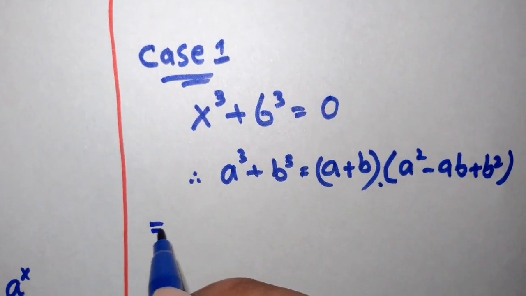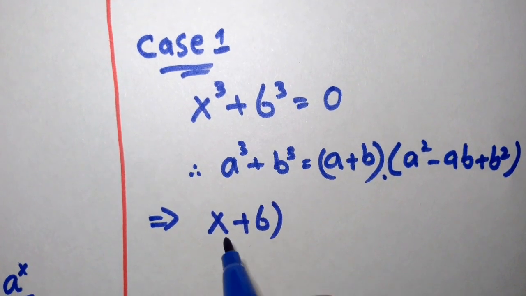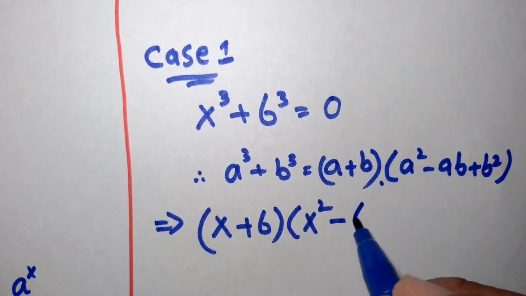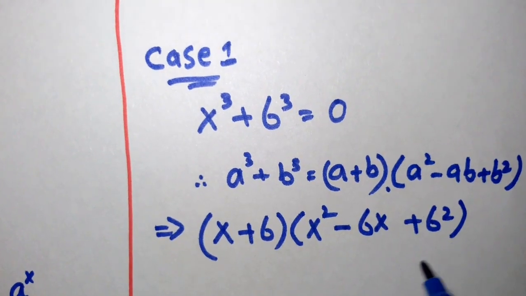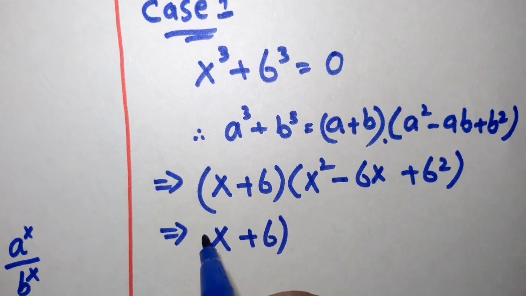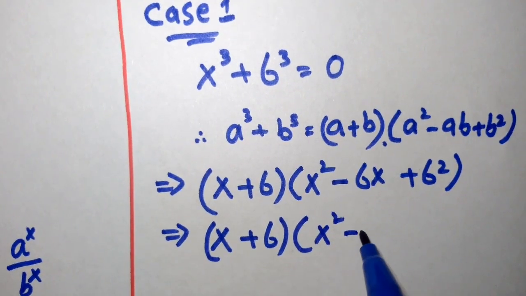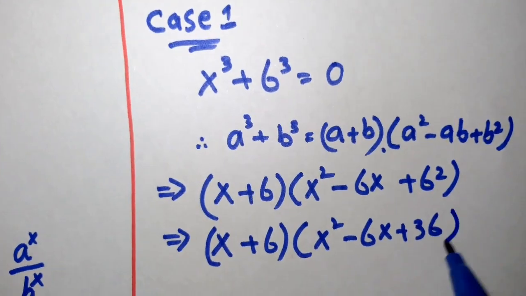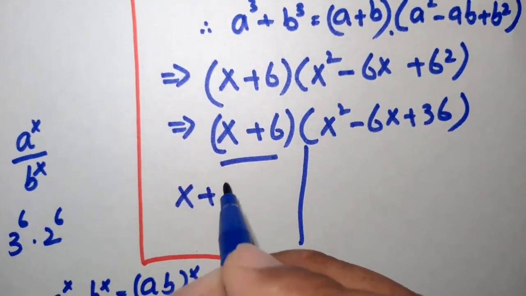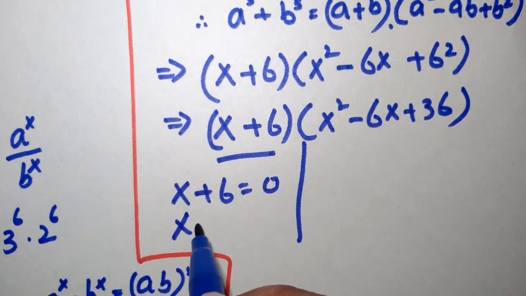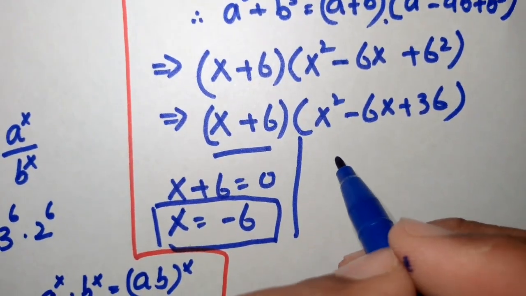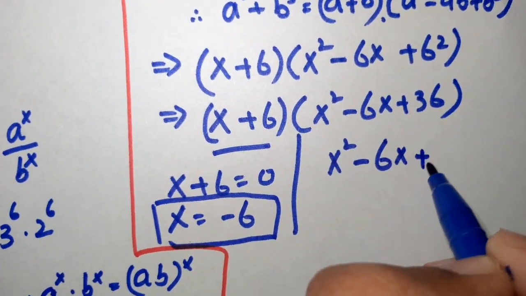So this will become (x + 6)(x^2 − 6x + 6^2), that is (x + 6)(x^2 − 6x + 36). Here one part is x + 6 is equal to 0, and x is equal to minus 6. The one value is minus 6, and then there is x^2 − 6x + 36.